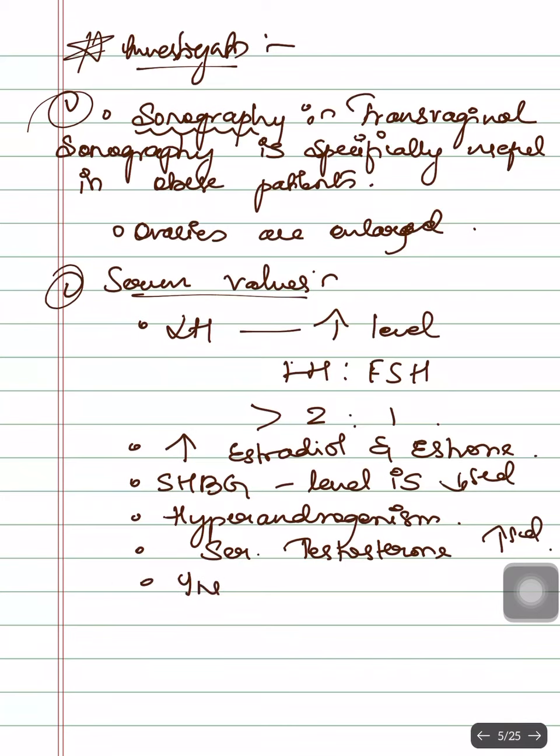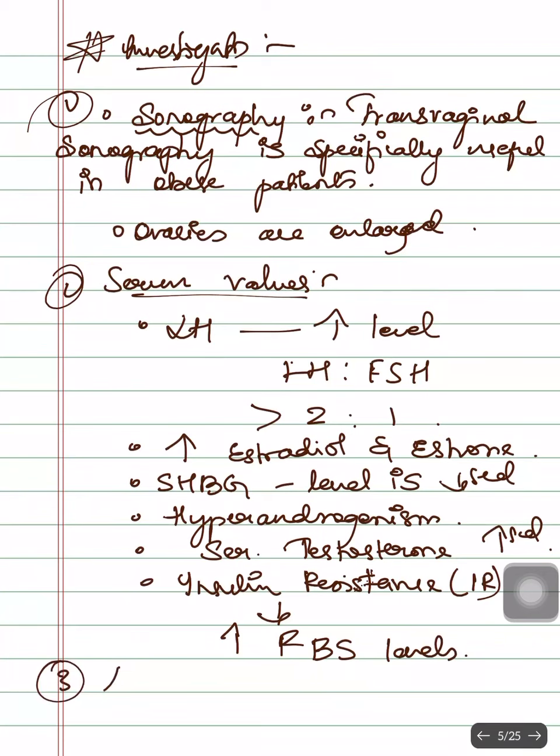and insulin resistance. Raised fasting insulin levels, which is more than 25, and fasting glucose to insulin ratio response will be more than 300 at 2 hours. And the last investigation will be laparoscopy. In laparoscopy you will see bilateral polycystic ovaries.